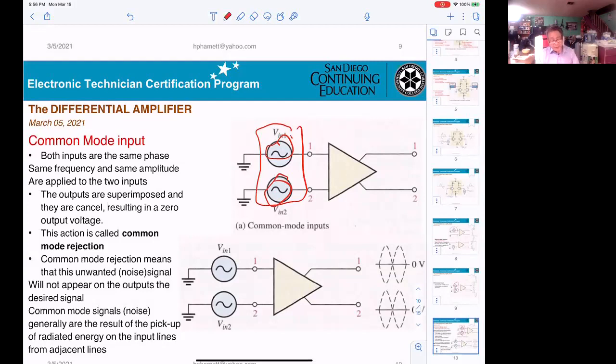That means they normally come from the power. Okay, they create a variation signal, and it will be identical at both inputs of the op-amp, and the op-amp is able to cancel that out.